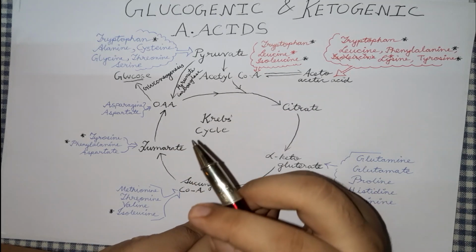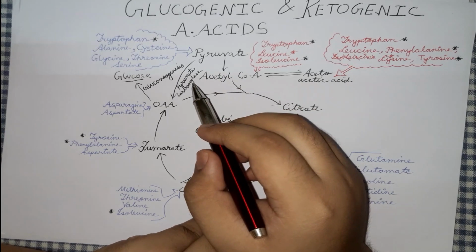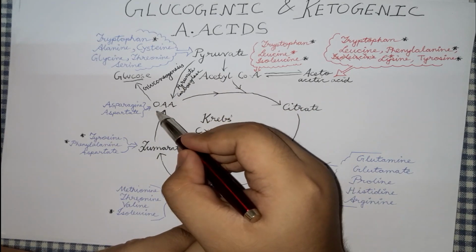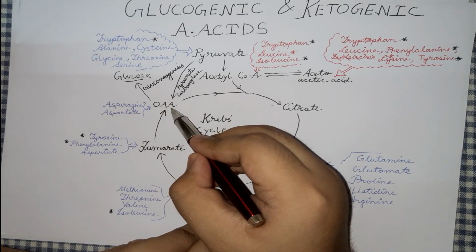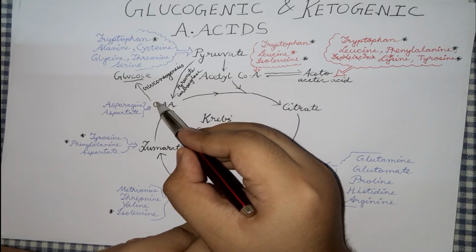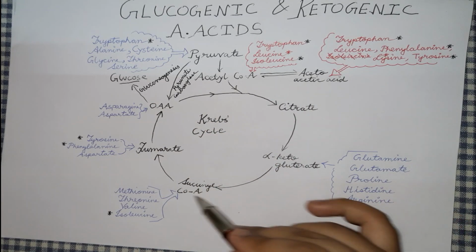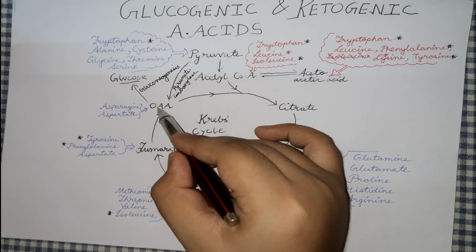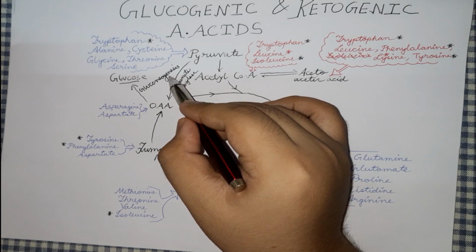It is also important because all amino acids which lead to the formation of oxaloacetic acid directly or indirectly will lead to formation of glucose by gluconeogenesis.